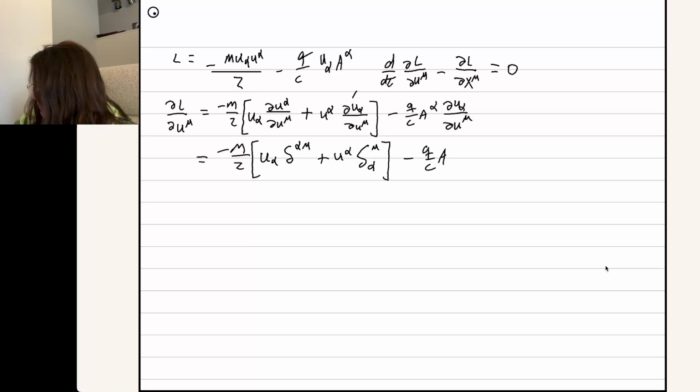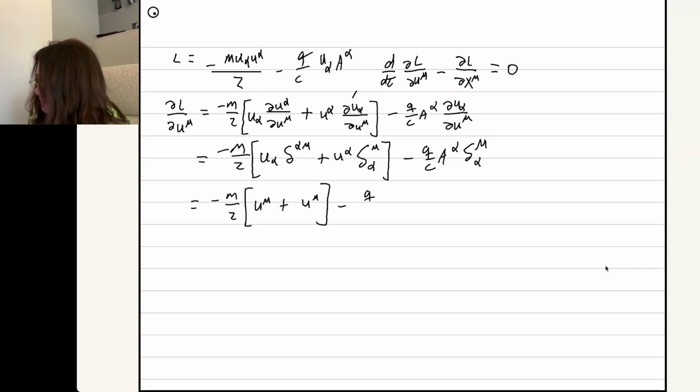A_α times a Kronecker delta with α on bottom and μ up top. We're going to act the Kronecker deltas on these now. This is going to change the u to a superscript, so it's u^μ. This is also changing u to a superscript μ.